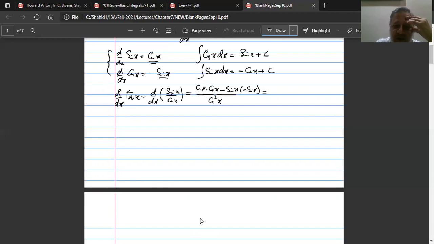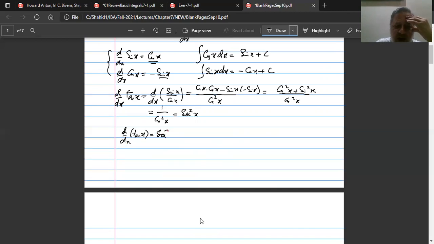So that becomes cos square x plus sine square x divided by cos square x. You know that cos square x plus sine square x is equal to 1. So the result comes out to be 1 upon cos square x, which you write down as secant square x. The derivatives of the tangent, cotangent, secant, and cosecant functions are obtained in the same way.